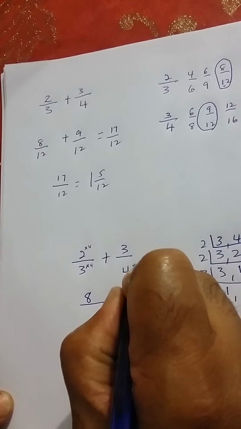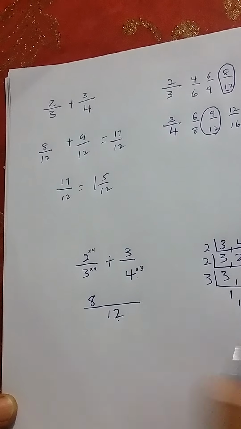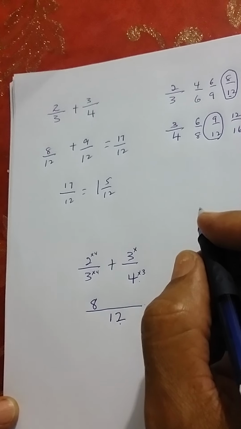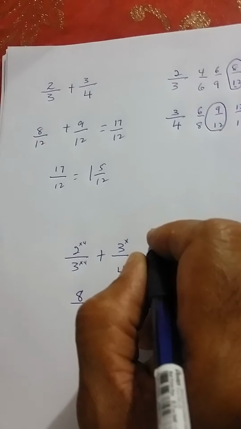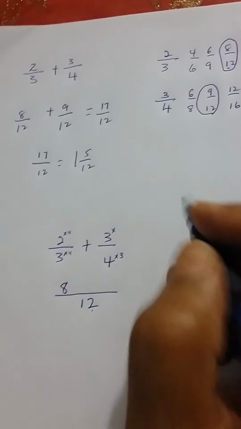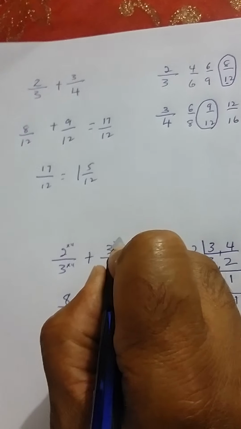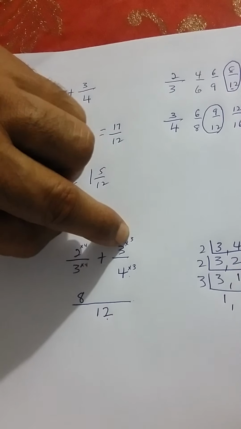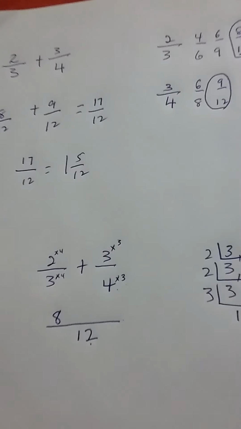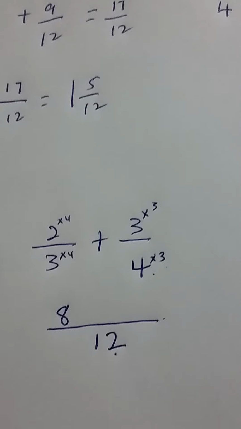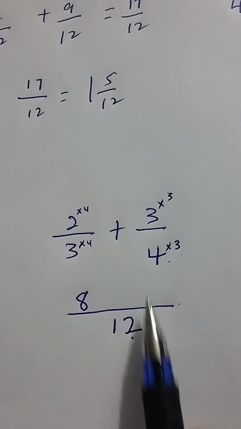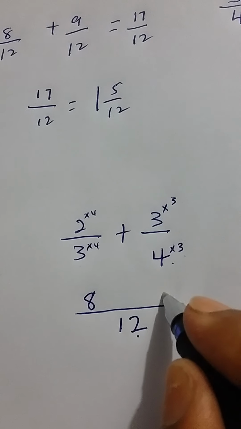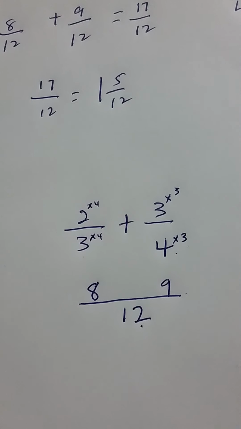4 times 3. And if 4 3s are 12, remember we form equivalent fractions by multiplying or dividing the numerator and denominator by the same number. So if 4 3s are 12, we say 3 times 3. Observe, 4 3s, we have 3 3s. 3 3s are 9. 4 3s, 12, 3 3s would give us 9.